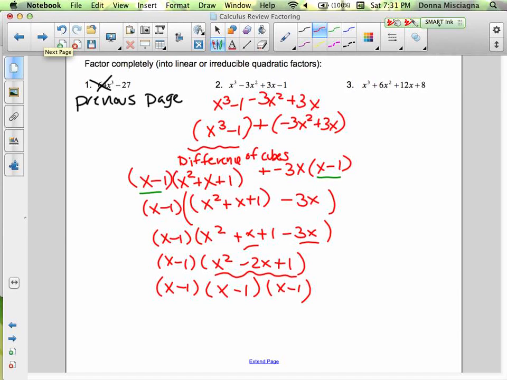Because that would give us x squared minus x plus another negative x plus 1. Yep. So, all factored. Isn't that bizarre? It's x minus 1 cubed. This was x minus 1 cubed. Strange.